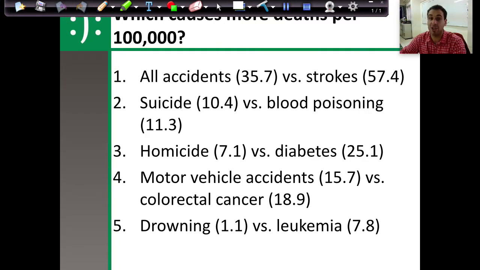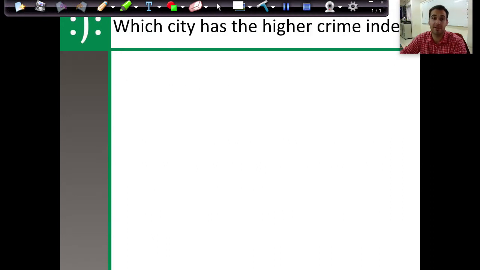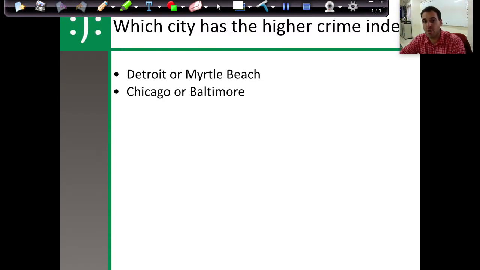People have irrational fears because of the news and what we see happening. So now let's take a look here. Which cities have the higher crime index? Which cities have a higher crime rate for the size of their cities? Detroit or Myrtle Beach? Chicago or Baltimore?